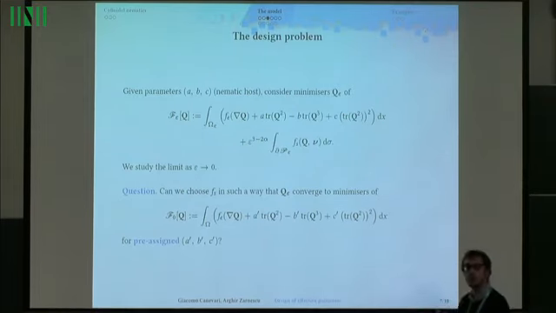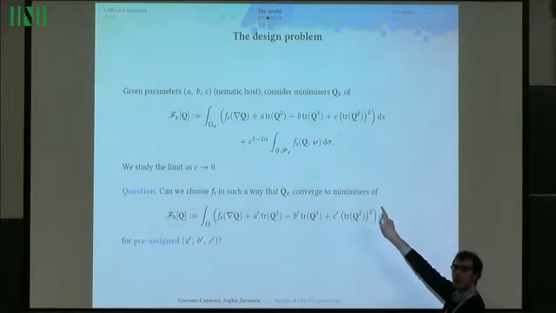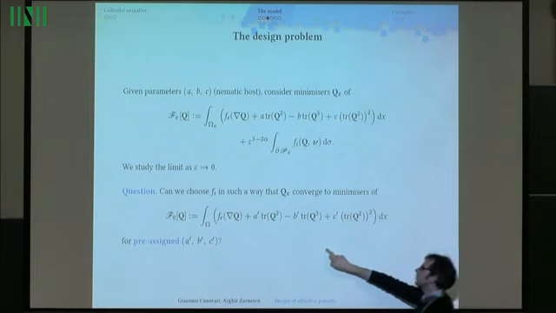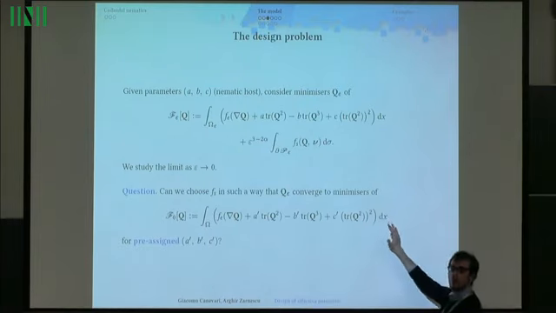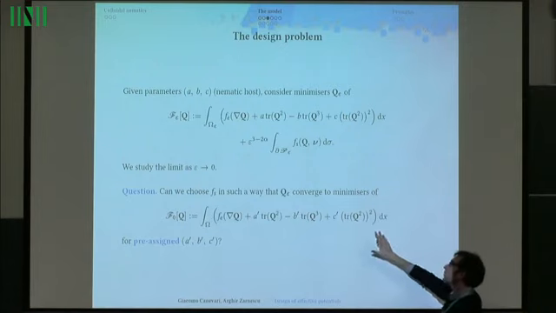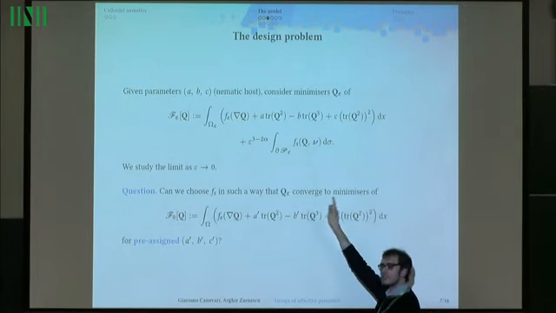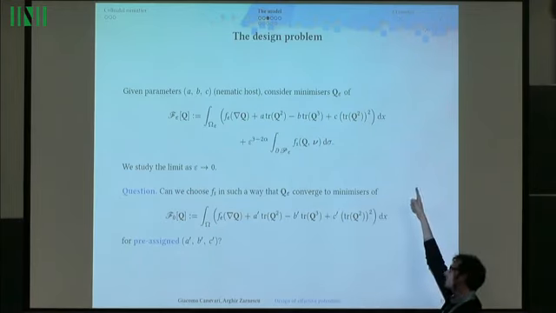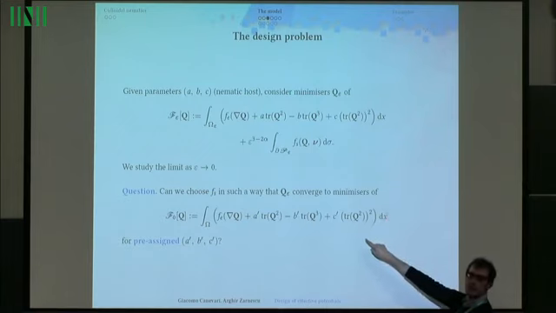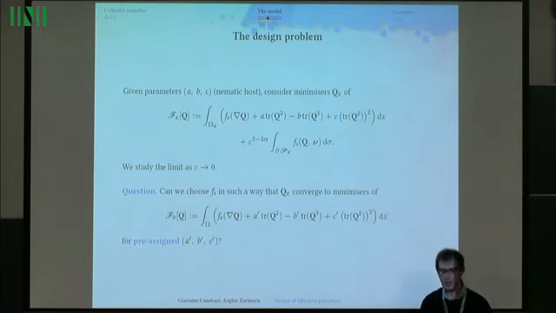If you prefer, it's a control problem, where we are given both the initial parameters A, B, and C, and the parameters A prime, B prime, C prime that need to be there in the limit. And what we want to do is to choose, in a suitable way, the surface anchoring energy density, Fs, so that this on top converges to that in the limit as epsilon tends to 0.